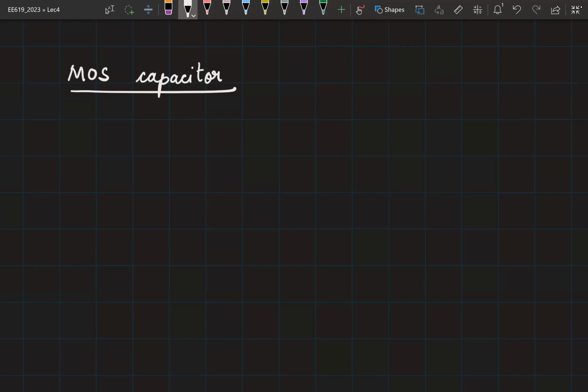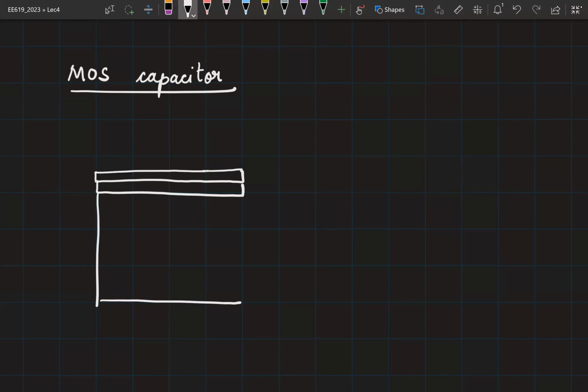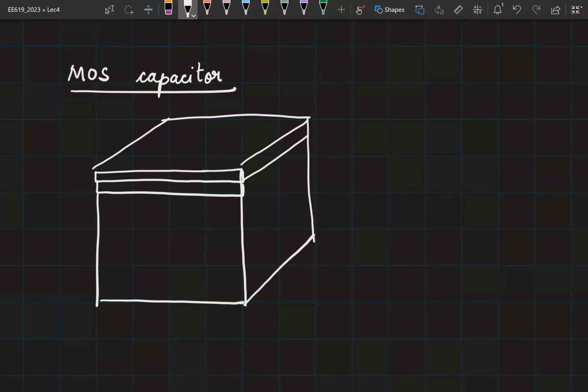So technically, our analysis should be much easier to do with a two-terminal device. You have the gate node, then you have the bulk node.